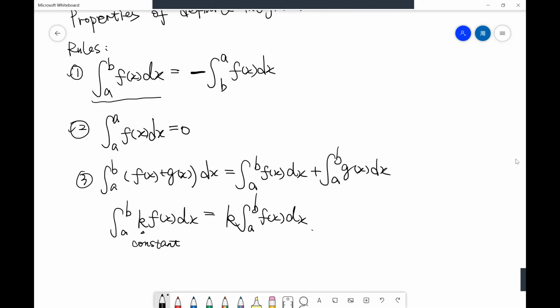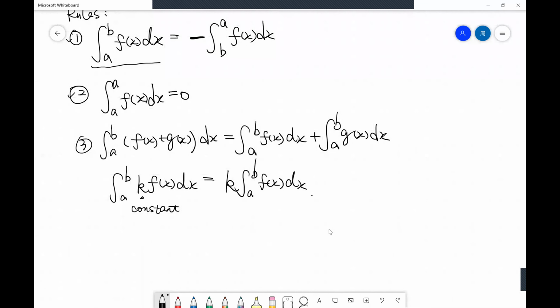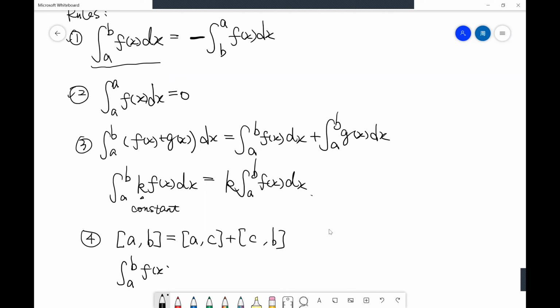And there is another rule for it. Number 4, that is, if the interval can be subdivided into from A to C plus from C to B, then we will have that from A to B, f(x) dx equals from A to C, f(x) dx, plus from C to B, f(x) dx.